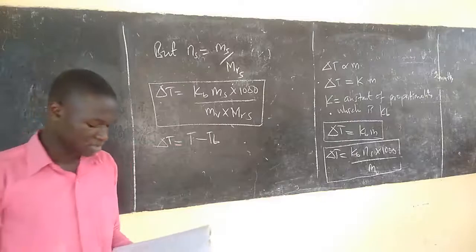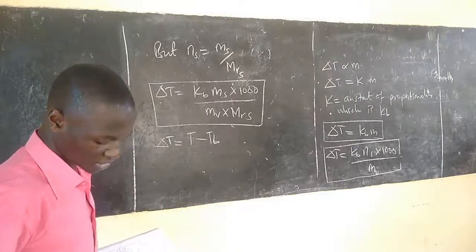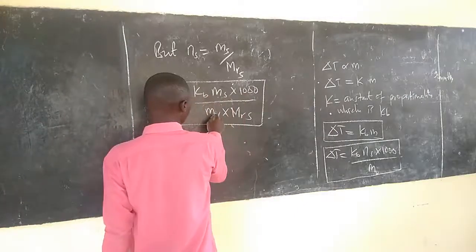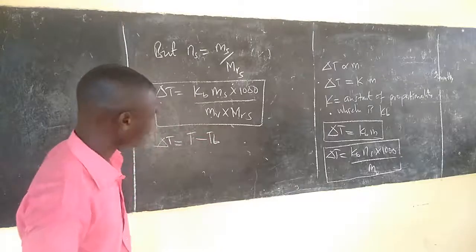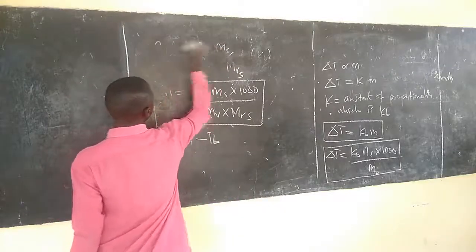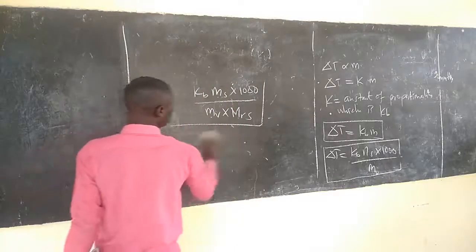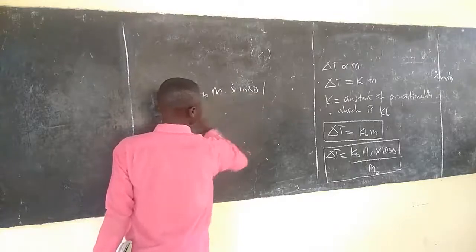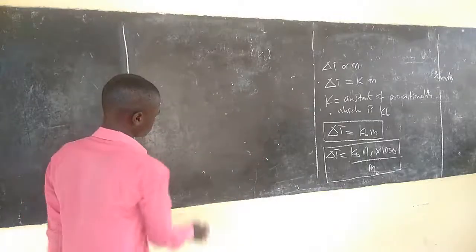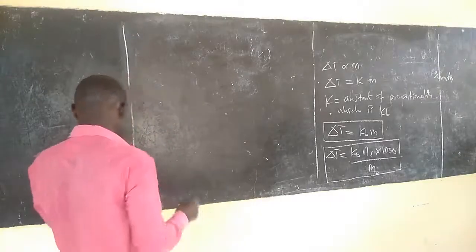From there, Kb is the ebullioscopic constant, with the mass of solute, mass of solvent, and molar mass of solute. Let's solve the examples in this part.